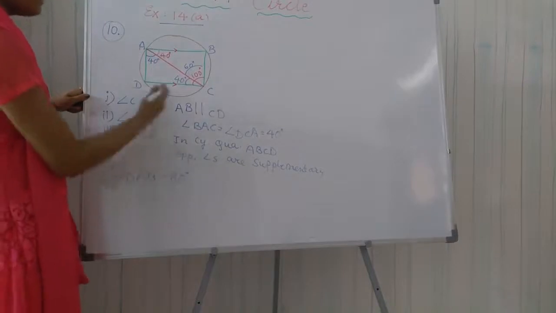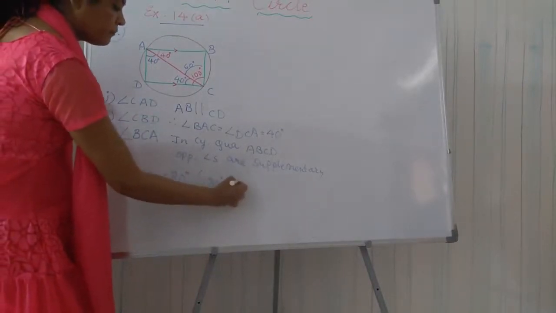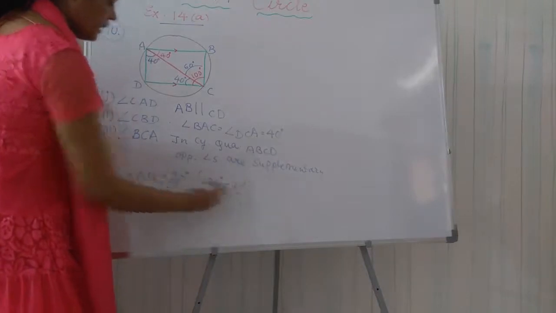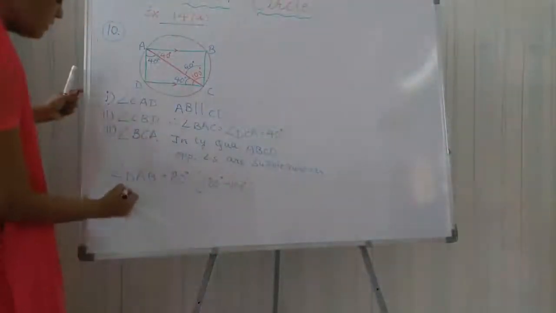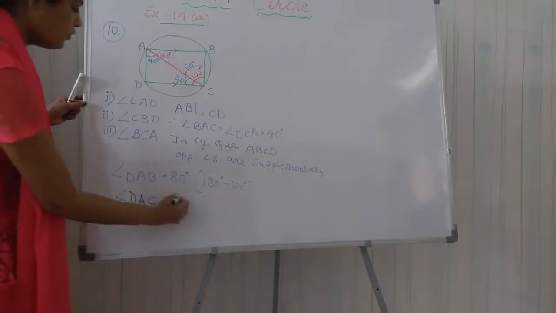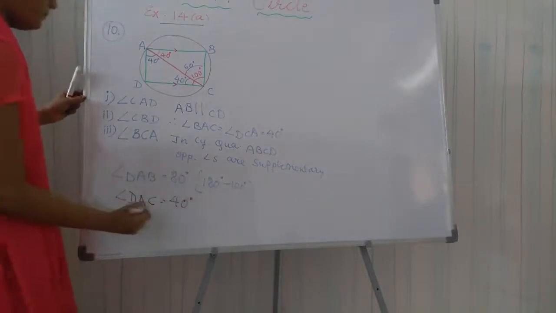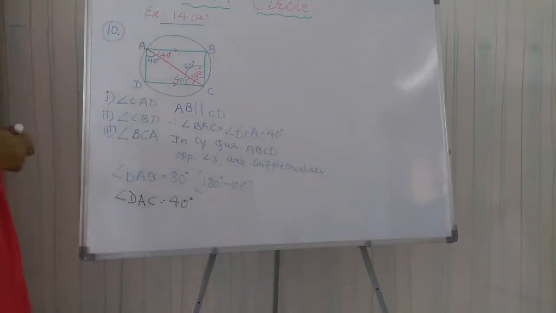Why? Because I am writing reason 180 minus 100. So I get 80 degree. So I can write here this angle BAC is equal to 40 degree. So this is our first answer found here. CAD or DAC is 40 degree.